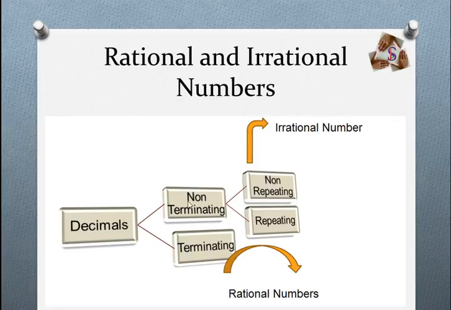For example, when I divide 1 by 2, I get it as 0.5. So the division comes to an end. It is a terminating decimal. I take the example of 1 by 3. It keeps moving on. The division never comes to an end. So it's a non-terminating decimal. I get it as 0.33333. It keeps happening.